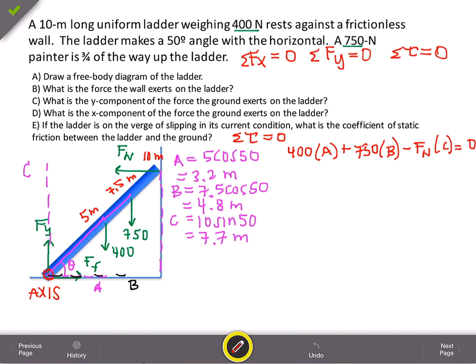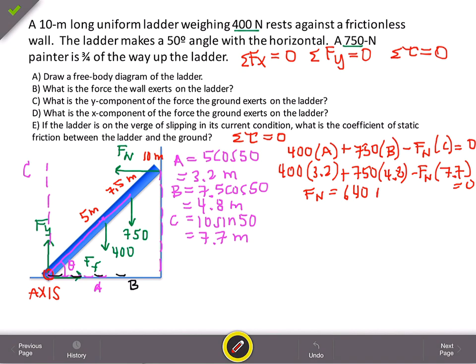Plugging in the distances for A, B, and C, my only unknown is the normal force. I can solve and find that my normal force is equal to, I believe, about 640 newtons.